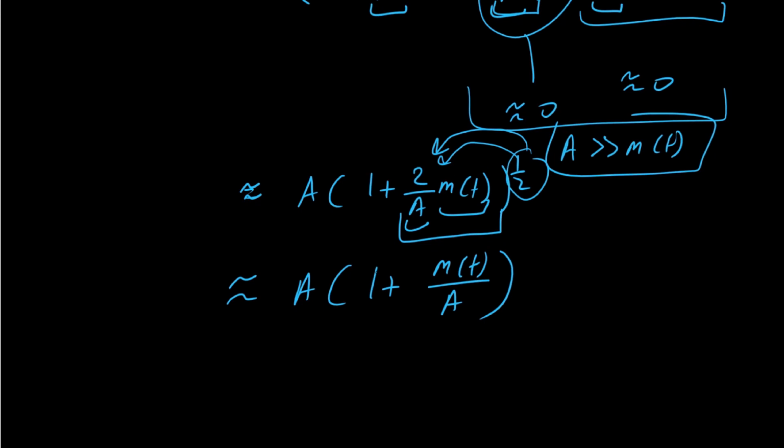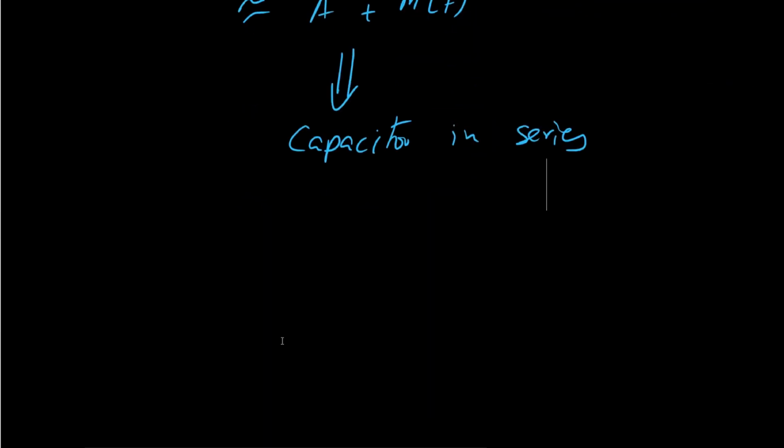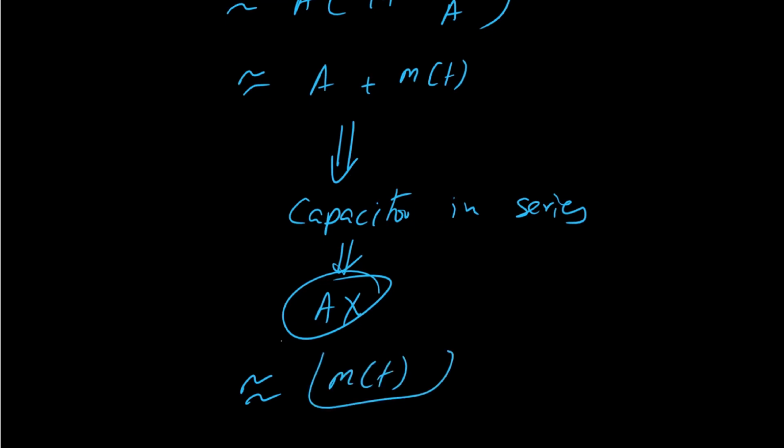So this is what we have done over here. And then we have A plus m of t. In this way, the A would be removed, that is the DC offset is removed. So we would have m of t left, right? So this is basically the non-coherent method of detection of AM, that is SSB.